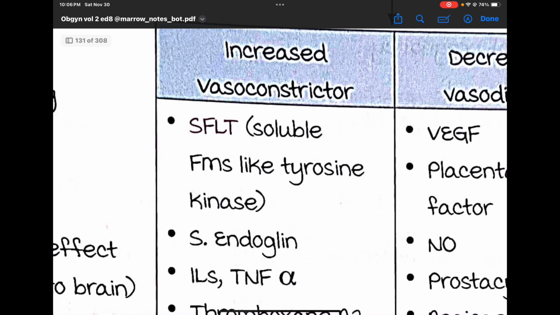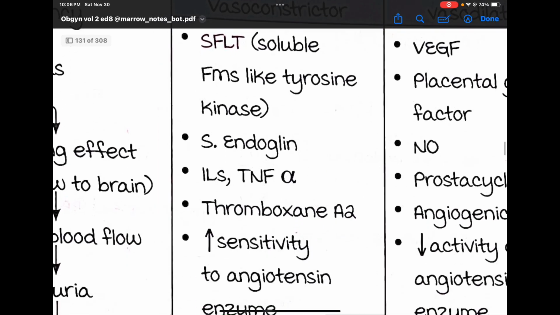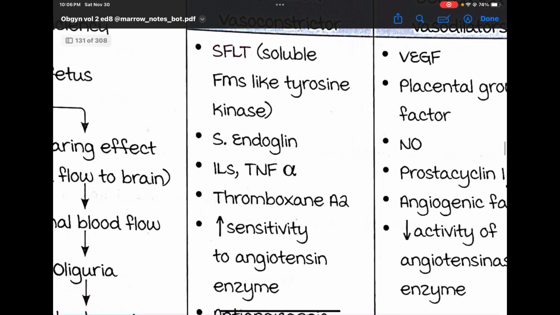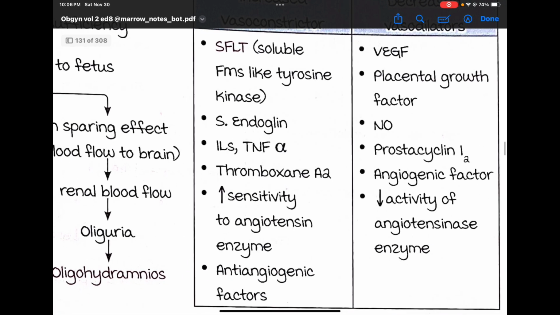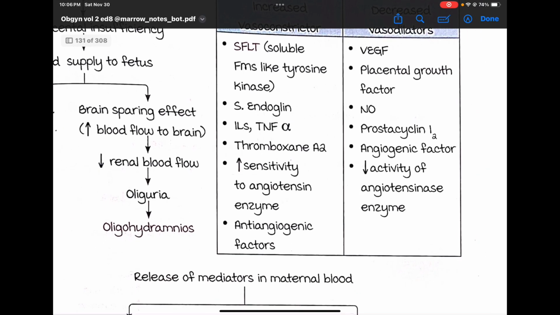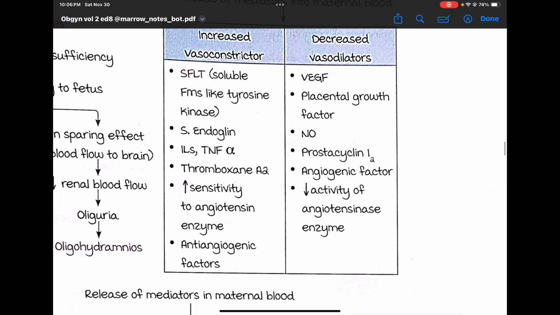Increased vasoconstrictors: sFlt, soluble fms-like tyrosine kinase, serum endoglin, interleukins, TNF alpha, thromboxane A2, increased sensitivity to angiotensin, anti-angiogenic factors.